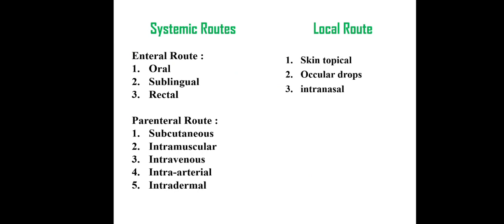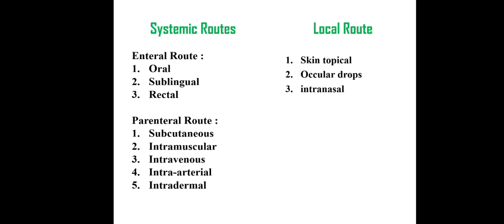First is enteral route. In this, we will learn full descriptions of oral, sublingual and rectal route in further slides. Now, let's move to the parenteral route of systemic route. In this route, we will know about the subcutaneous, intramuscular, intravenous, intra-arterial and intradermal route and their advantages and disadvantages.